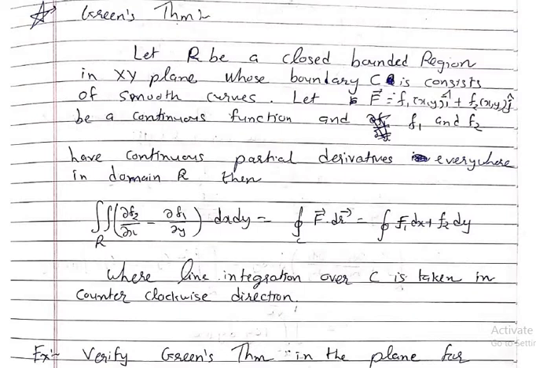F bar equal to f1 of x y i plus f2 of x y j be a continuous function, and f1, f2 have continuous partial derivatives everywhere in a domain R. Then the double integration of del f2 by del x minus del f1 by del y dx dy is the same as the closed integration of F dot dr, that is the closed integration of f1 dx plus f2 dy.